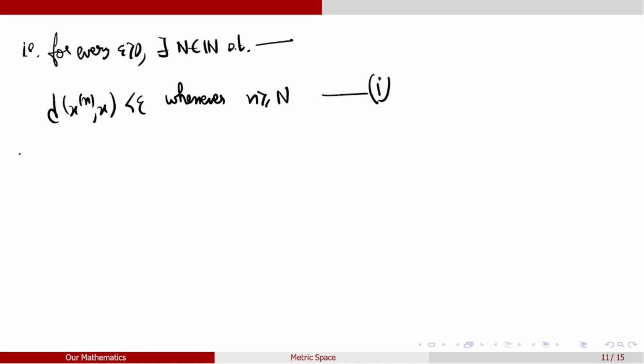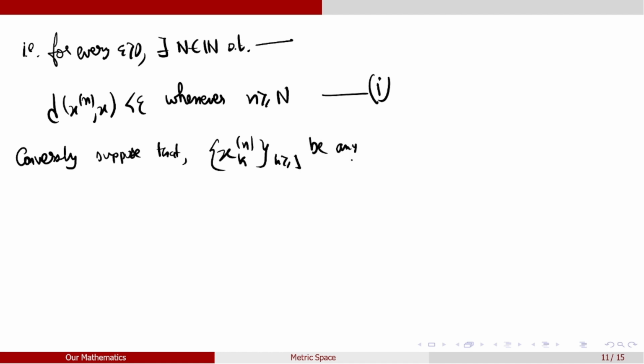Alright, so mark this as 1. Conversely, now let us suppose that this is true, and let xkn, k greater than or equal to 1, be an arbitrary sequence.